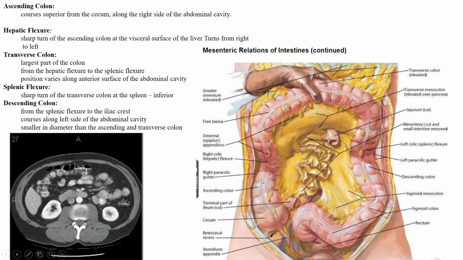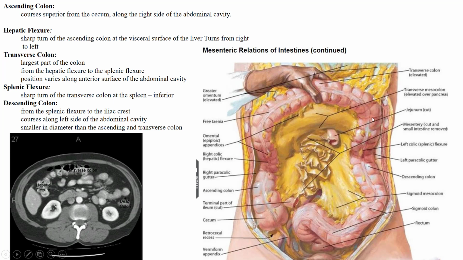And then you go into the ascending colon, which runs along the anterior abdominal wall, comes up out of the right iliac region along the anterior abdominal wall. It makes a sharp turn at the hepatic flexure. The hepatic meaning liver, so hepatic flexure is near the liver. The transverse colon runs from hepatic flexure all the way across to the splenic flexure.